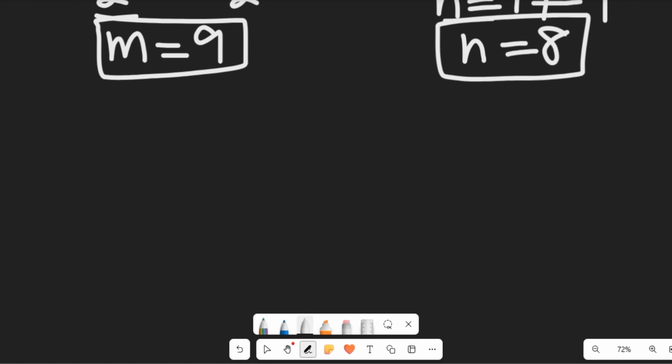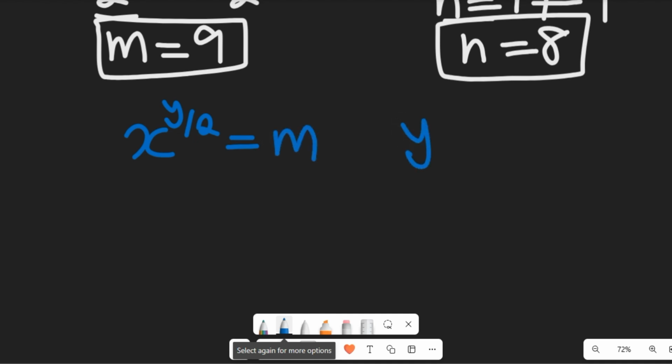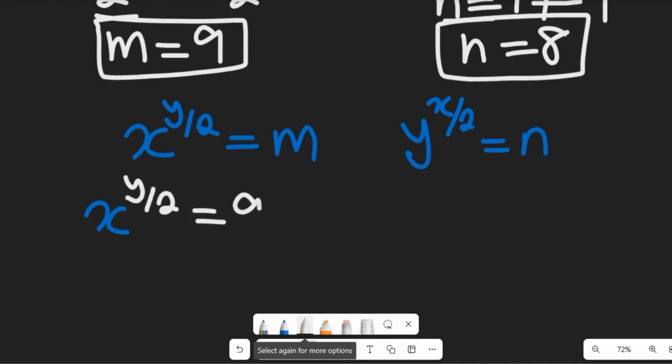Having given us that the value of x to the power of y divided by 2 is equal to m, and y to the power of x divided by 2 is equal to n. Inserting the value for m there, we'll have x to the power of y divided by 2 to be equal to 9.